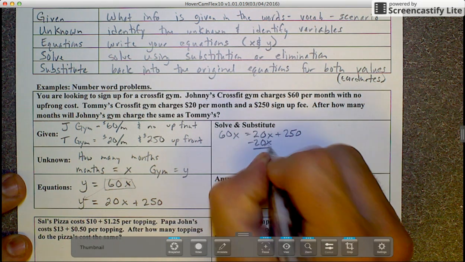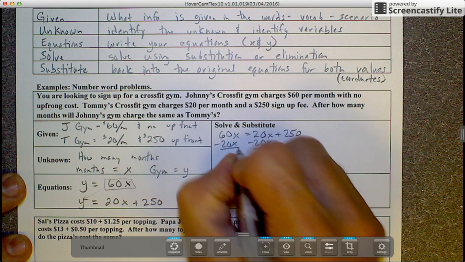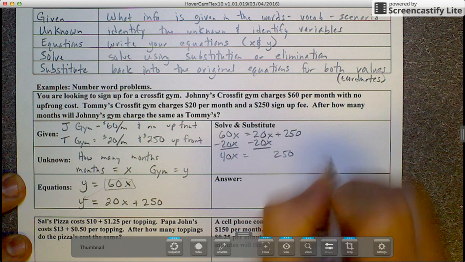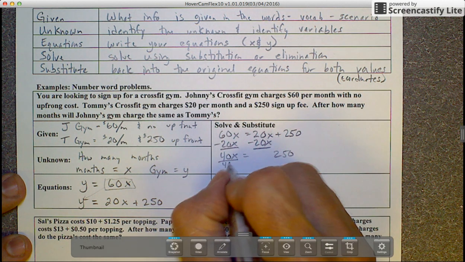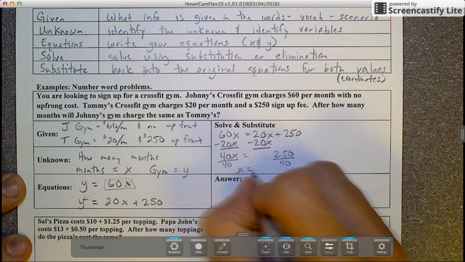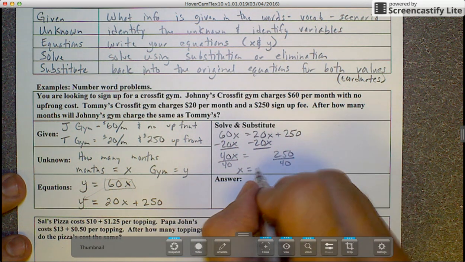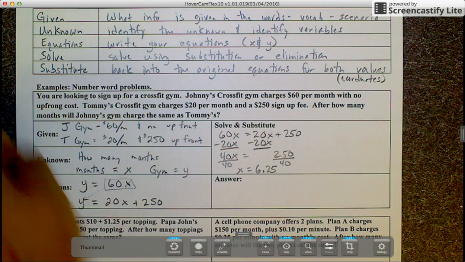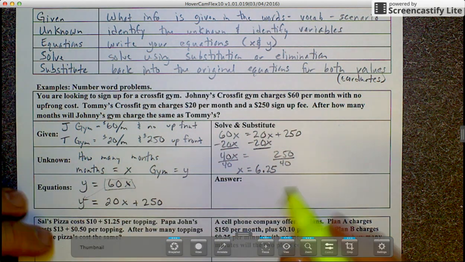Subtract 20x from both sides. You get 40x is equal to 250. We're going to divide by 40. Running out of room. Cancels out. You get x is equal to 40 goes into 250, 6.25 times. Now, what does the x equal?